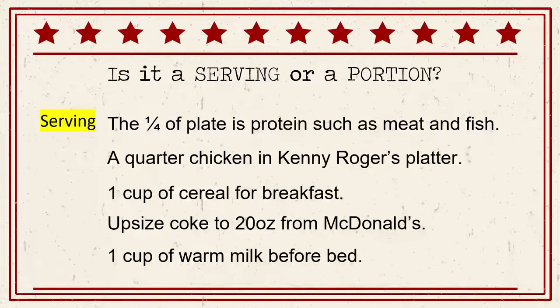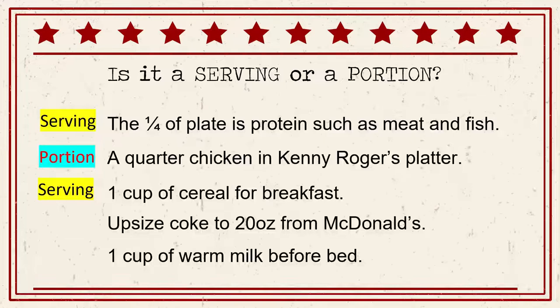The first is a serving. 1/4 is the ideal protein per plate for each meal. Next, we have portion. A quarter chicken in Kenny Rogers platter is what you want to eat, but it is not the right serving or quantity of protein that you have to eat per meal. Next, we have serving.